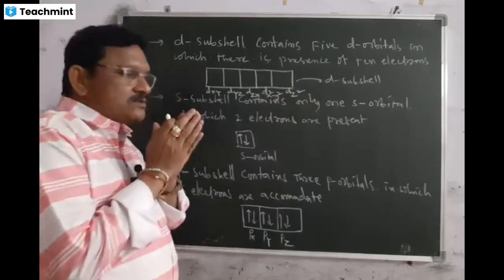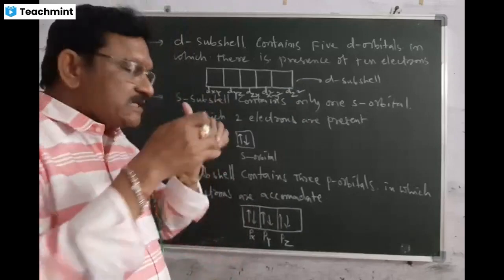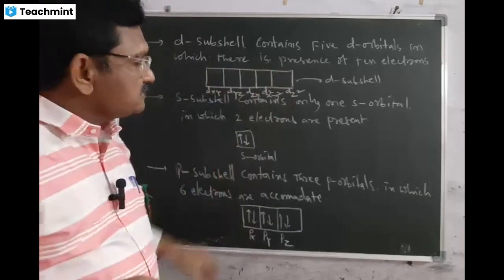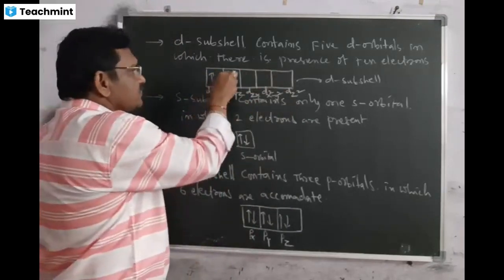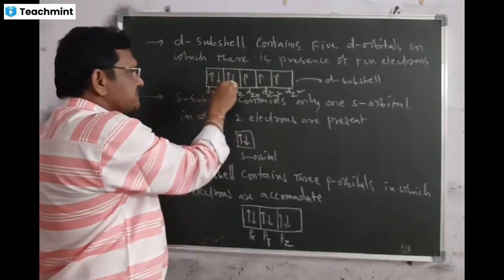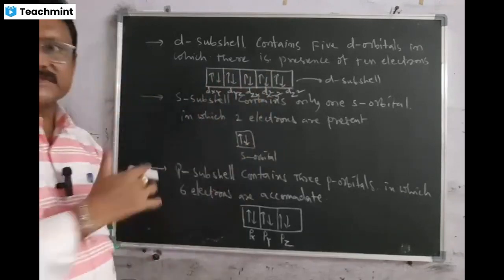If you want to distribute electrons among these 5 d orbitals, see: 1, 2, 3, 4, 5, then 6, 7, 8, 9, 10. Have you understood this?